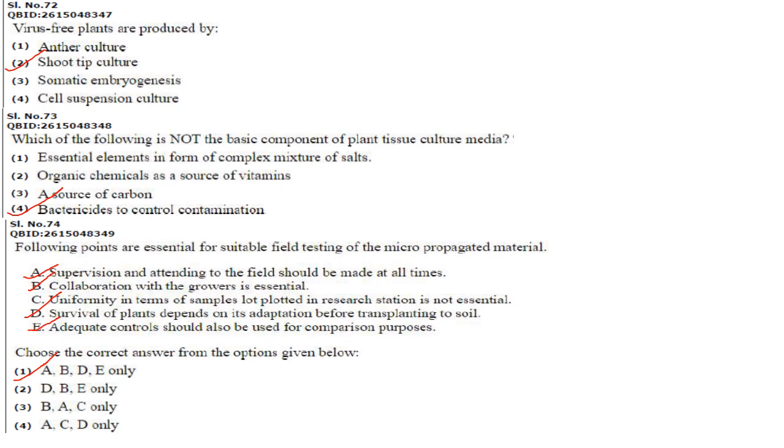That is also correct. Adequate controls should also be used for comparison purposes. That is also correct. So for field testing of micropropagated plants, that is the hardening stage, they have asked. So A, B, C, D, E, sorry, C is not correct. A, B, D, E are correct. So answer is option 1.